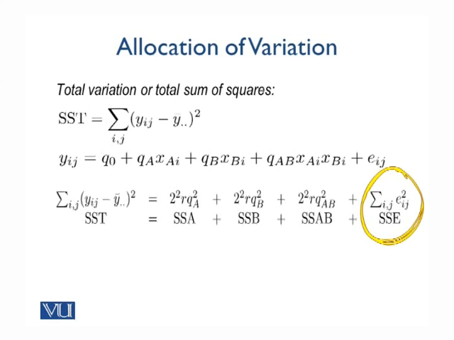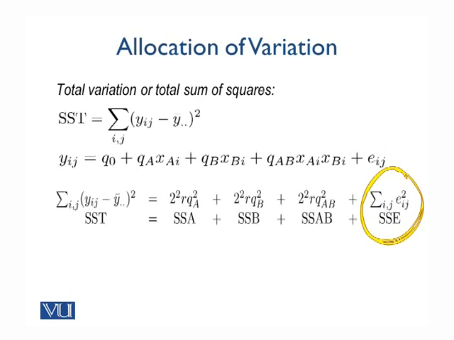In the earlier design, in which we did not have any replications, you would notice that there was no SSE term. We did not have an estimate of the amount of random variation, but now we have. So this is a bit of a trade-off: to find SSE, you need to do replications.